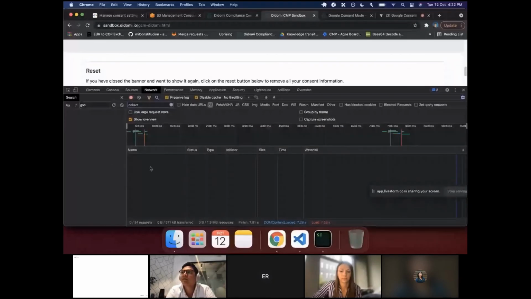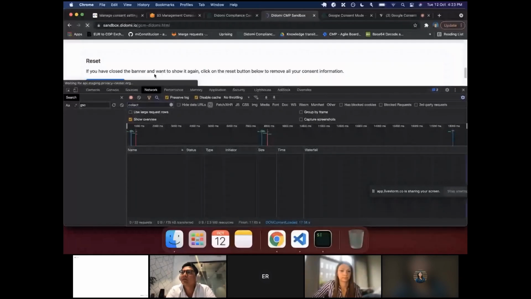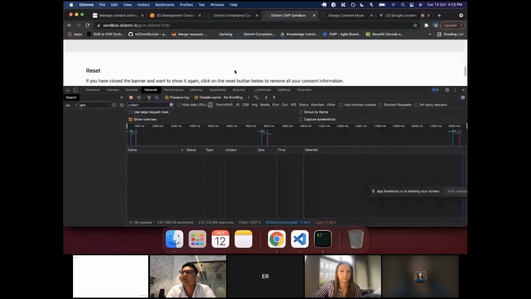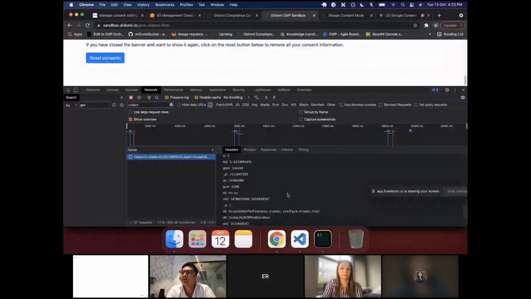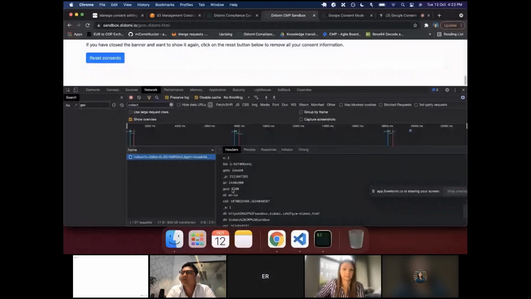One second, it's going to take a while. There we go. We look for the GCS. Again, the G1 is fixed, but then we have denied for both of the two consent types.